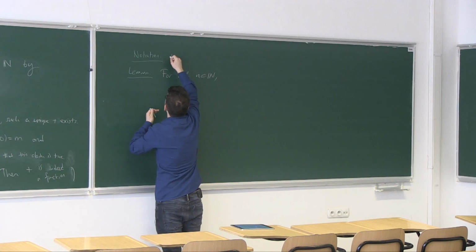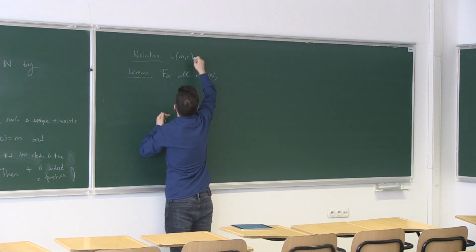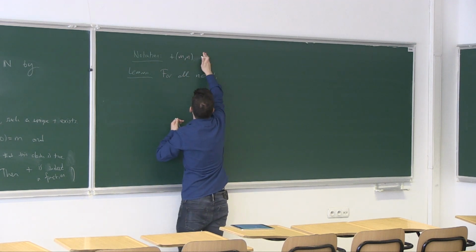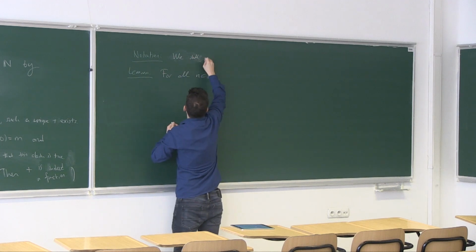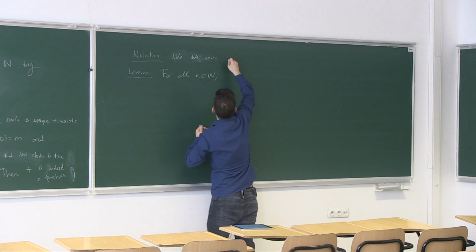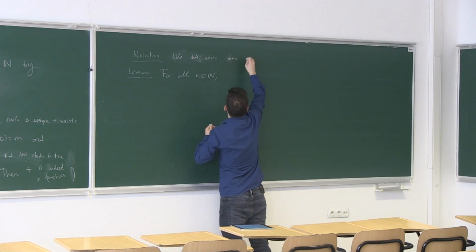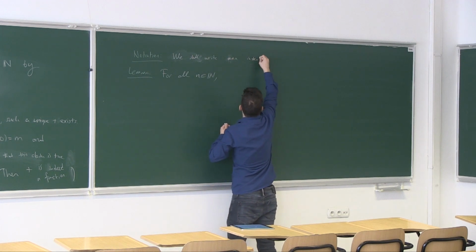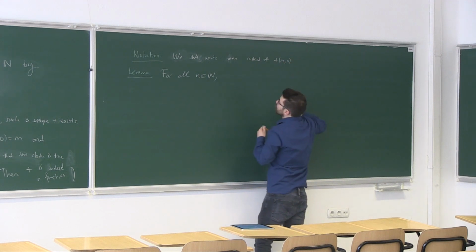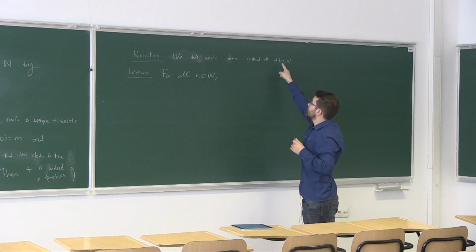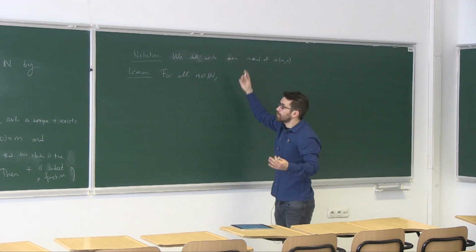Instead of writing plus of m n, we shall write m plus n instead of plus of m n, okay? So instead of using this notation, I'm just going to use the usual addition notation.